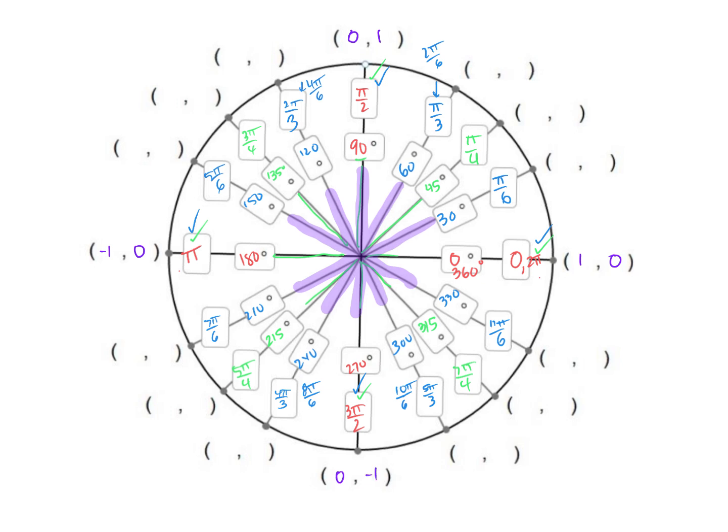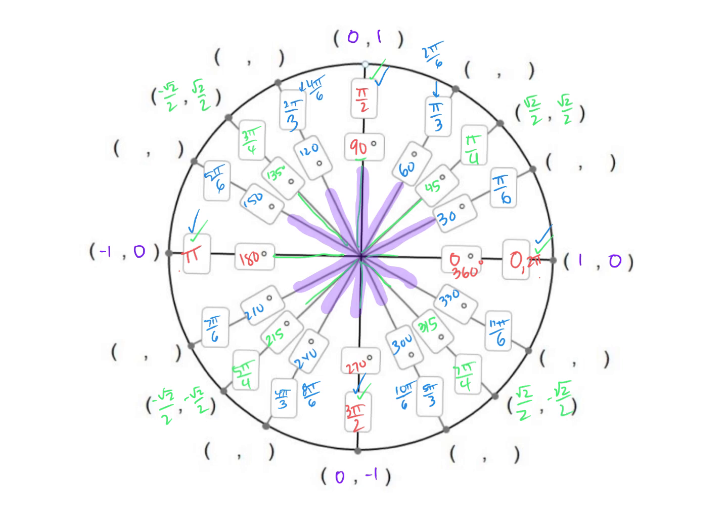Looking at those 45-degree points, so thinking about those 45, 45, 90 triangles, we have root 2 over 2, root 2 over 2. In this quadrant, the first one is negative. Down here, they're both negative. In the last quadrant, the first one is positive and the second one is negative.